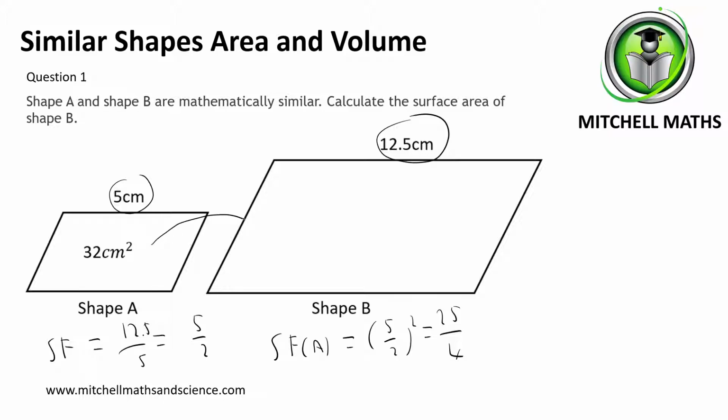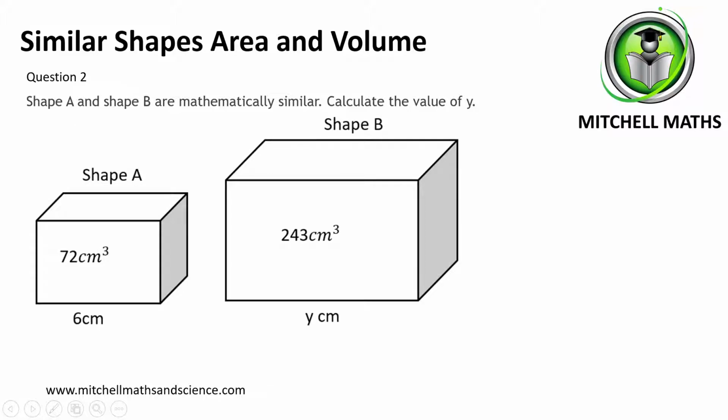Because I'm scaling up, I'm going to need to multiply 32 by the scale factor for the area. 32 multiplied by 25 over 4 is equal to 200 centimetres squared. Okay, so that's how you use scale factors when you've got the scale factor for the length and you need to scale up the area. You're going to need to work out the scale factor of the length and then square it.